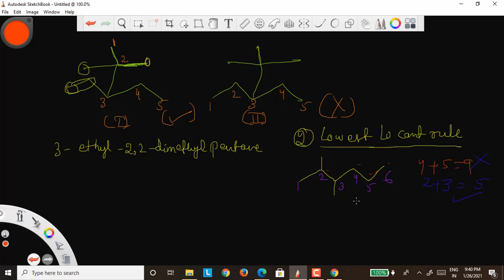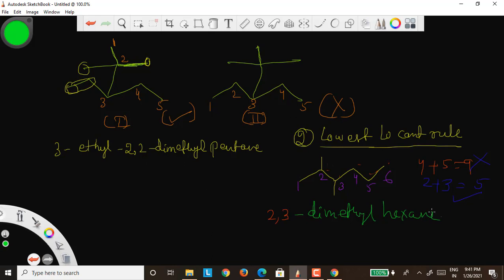Otherwise, you may get confused sometimes. So it will be 2 methyl, 3 methyl. So 2 comma 3, hyphen dimethyl hexane. So this is the name.